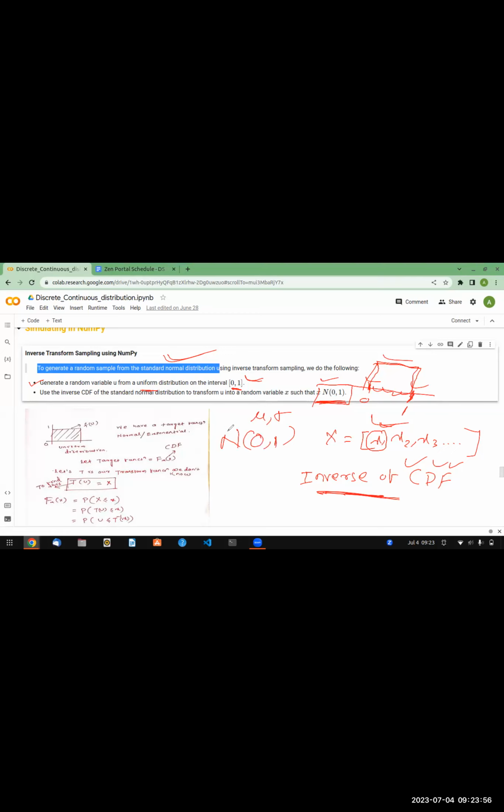So if someone writes it this way, this is a normal distribution with mu 0 and sigma 1, that means a standard normal distribution. If I write this, that means mu is 3 and sigma is 5. So you need to understand this notation. So are mu and mean the same or different? Yeah, mean and mu, Dinesh, that's the same.